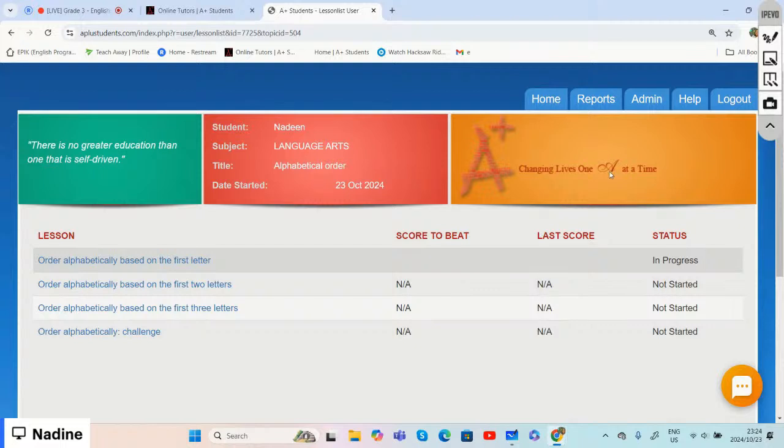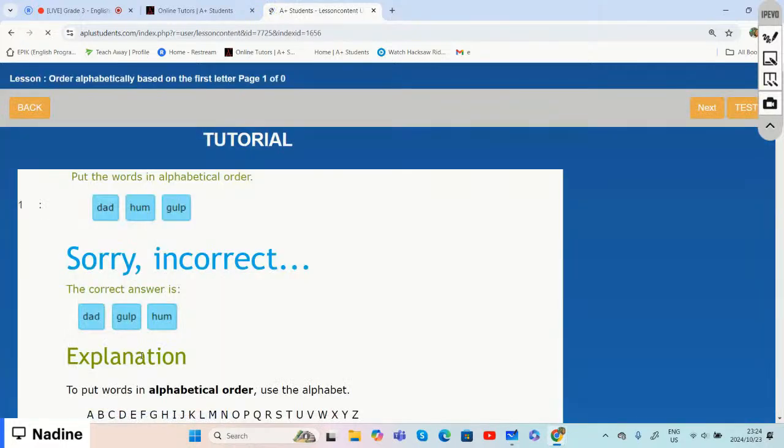Remember we said that we put words in alphabetical order based first on the first letter. If not, then we look at the second letter if they share a specific letter.